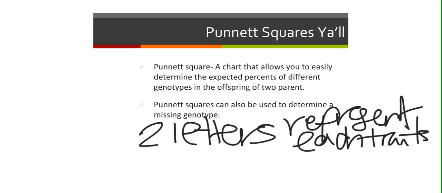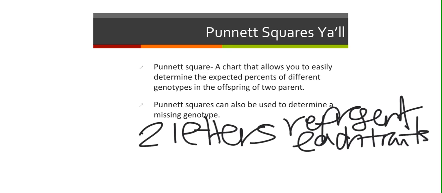So for example, if we're looking at pea plants again, and we want to look at green pod color and yellow pod color. That's the trait, pod color. Green is one color and yellow is the other, and we'll represent that by a capital G. And then F represents pod form, which would be either a full pod form or a constricted, crunched up pod form.